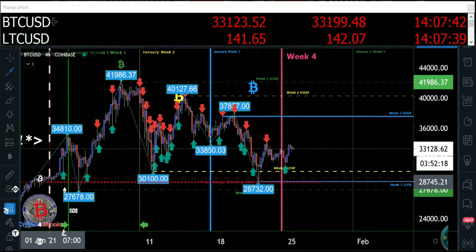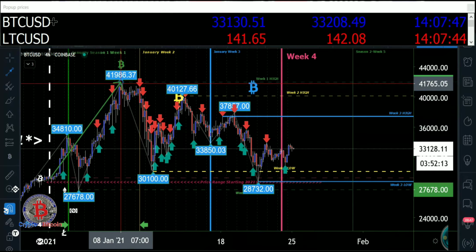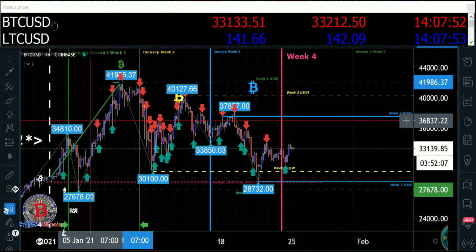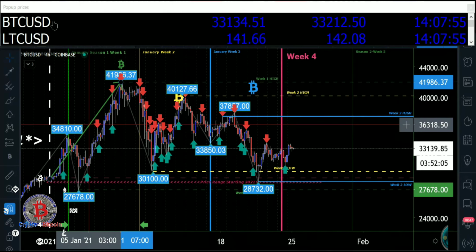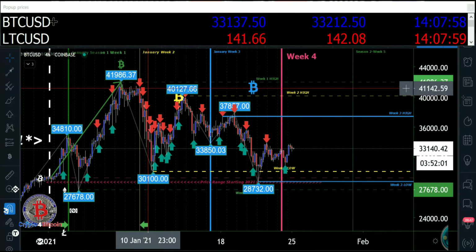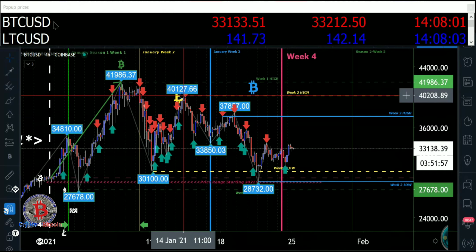Start of the year, first week. That's first week. Second week, could have caught the downtrend. Boom. And an up. Look at that movement.